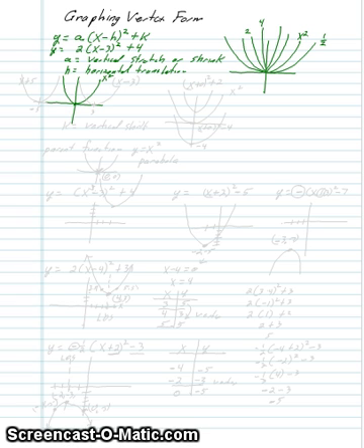So if we have x minus 3, that moves the vertex over 3, to the right 3. If we have x plus 5, that moves the vertex on the x over 5 to the left, negative 5.